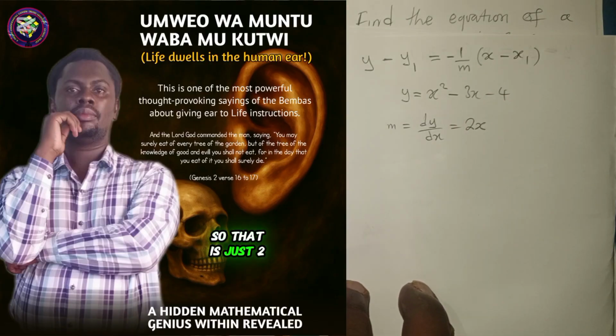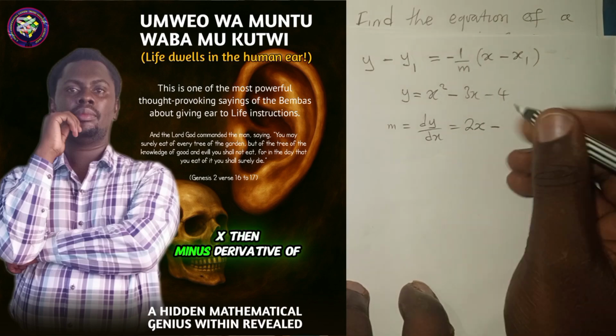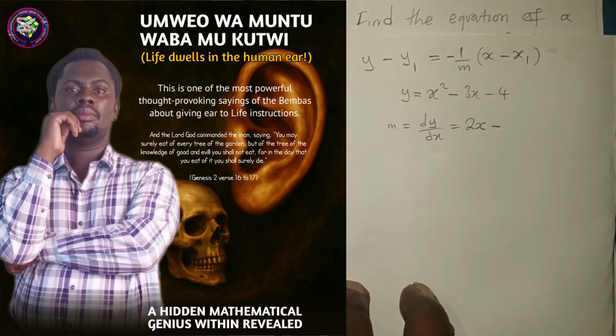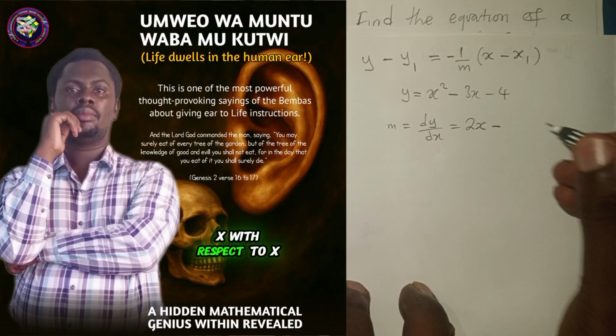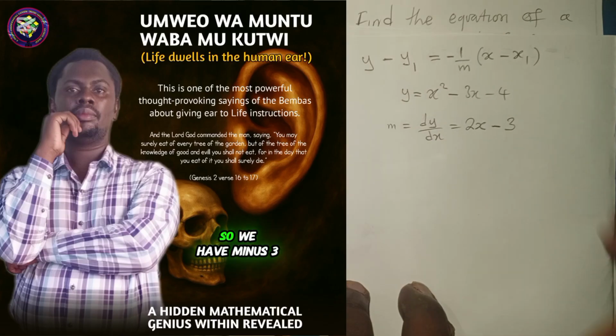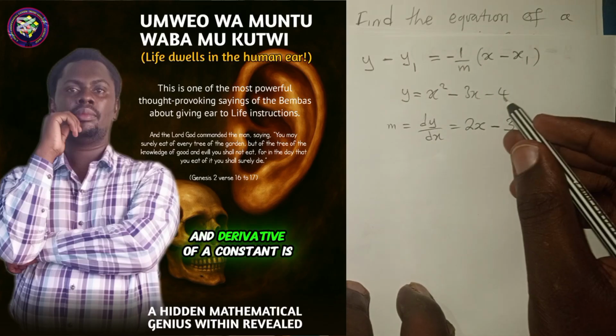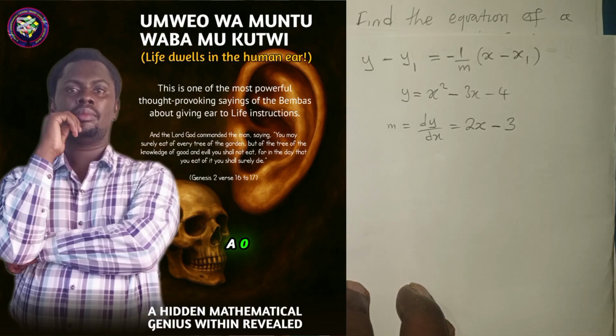Then minus the derivative of 3x; since there is just a single variable, you just get rid of the variable, so the derivative of 3x with respect to x is 3, so we have minus 3. The derivative of a constant is 0. So the gradient function is 2x - 3.